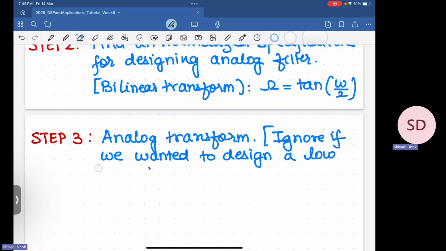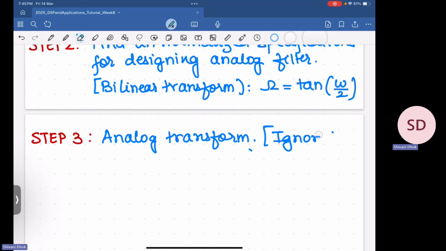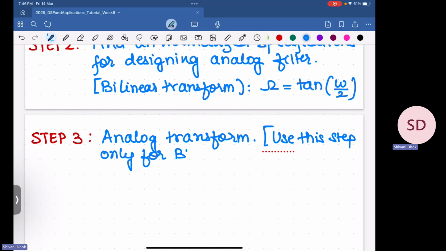I'll just write, use this step only for band pass filter, high pass filter, and band stop filter. Okay, so only for these things.